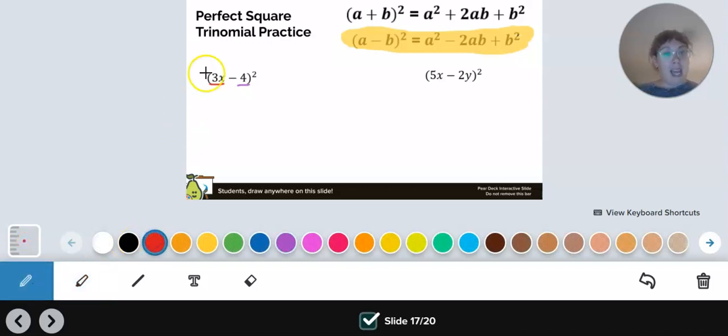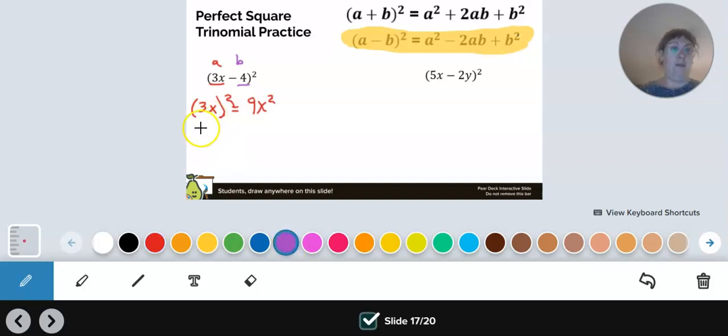So when we take a and square it, we get 3x squared, which gets us 9x squared. And for b, 4 squared, which is 16.